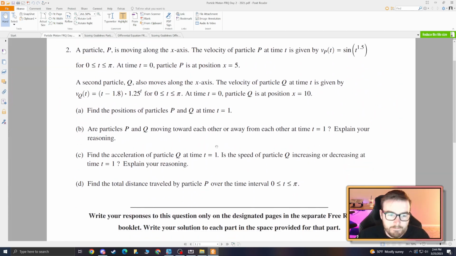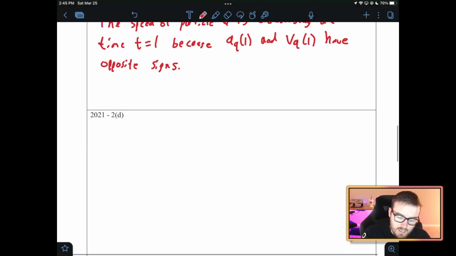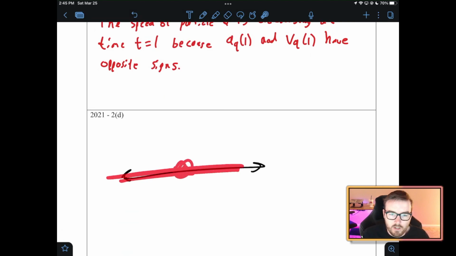All right, and find total distance traveled by particle p over the interval 0 to pi. So total distance traveled is different than where is the particle, right? Because if I'm a particle moving on the x-axis, I can move left, right, left, right, left, right, and then end up right back where I started.